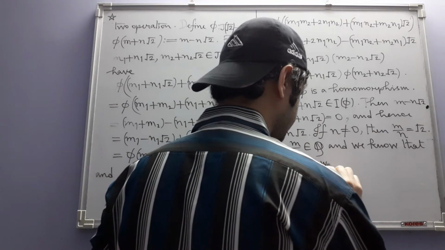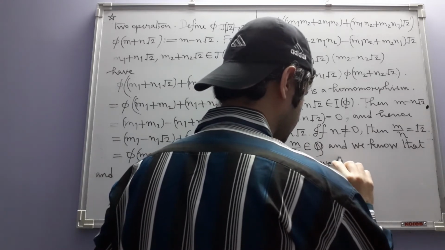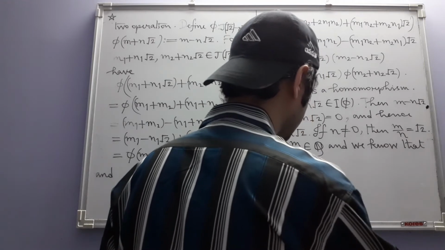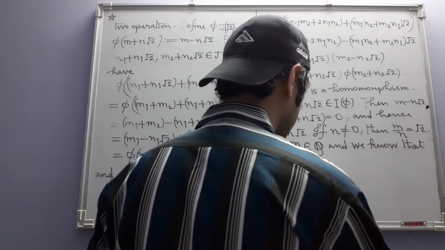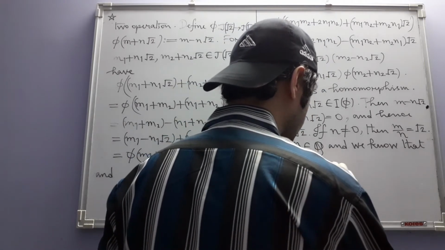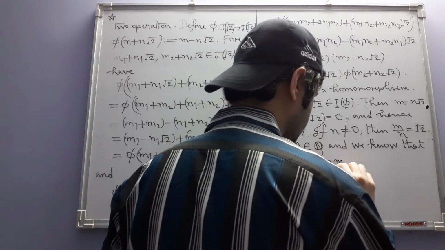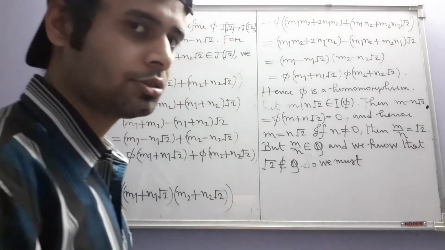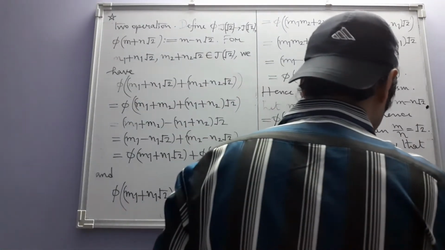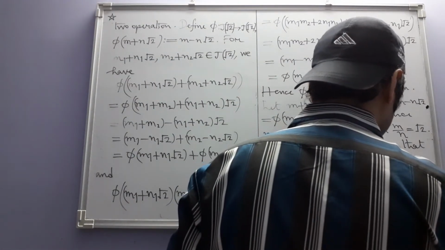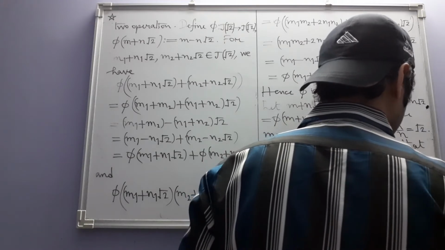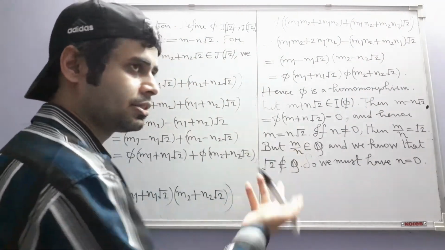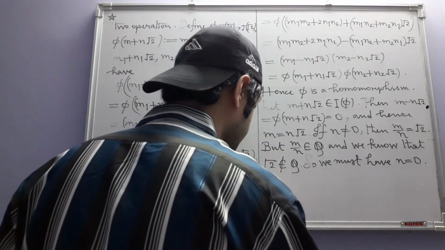So we cannot have n not equal to 0. So n should be equal to 0. But if n is 0, this right hand side is 0, that means m is also 0.